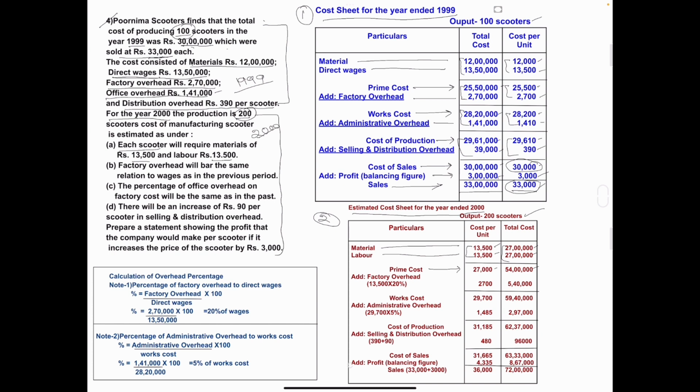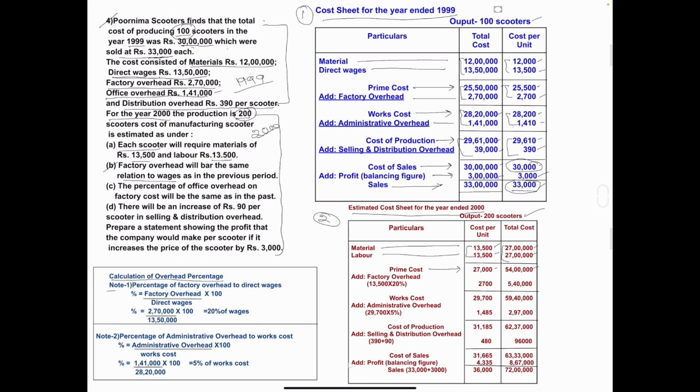Add factory overhead. Read this point B. Factory overhead will bear the same relation to wages as in the previous period. So how will you calculate this factory overhead? On the basis of wages. So for that we have to prepare a note. See in this box, calculation of overhead percentage.